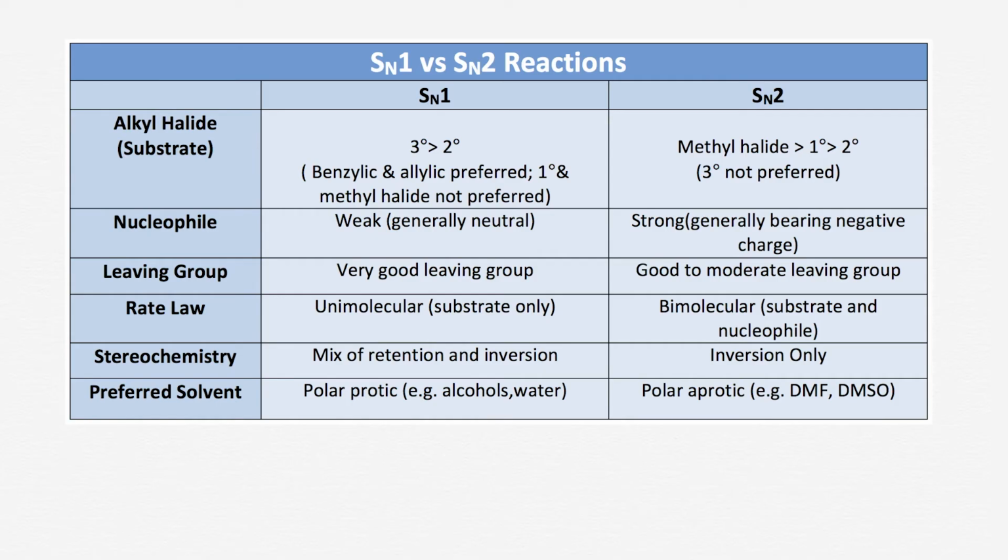The stereochemistry for an SN1 reaction, if applicable, is such that you form both the stereoisomers, although inversion is seen more prominently than retention of the stereochemistry, whereas for SN2 reactions we see 100% inversion of stereochemistry.